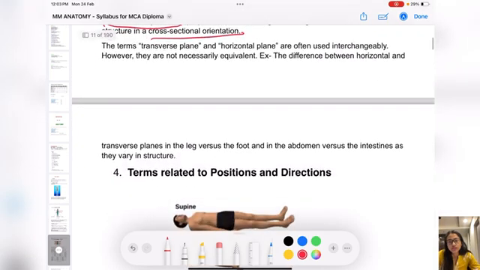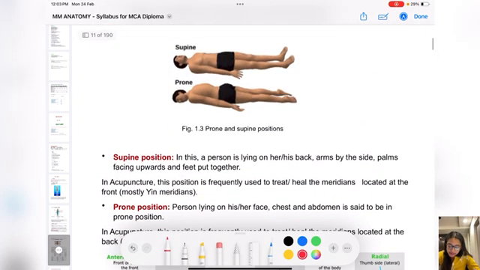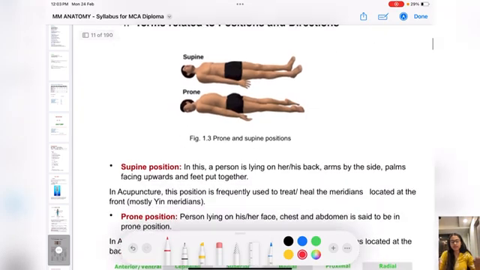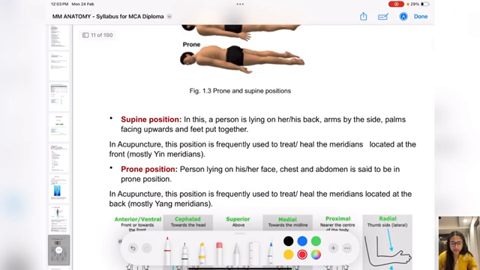Now, positions and directions. How we'll lay the patient down. There are 2, supine and prone. In supine position, a person is lying on his or her back, arms by the side, palms facing upward and feet together. This is supine position.